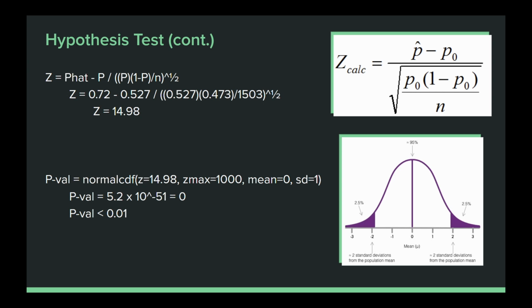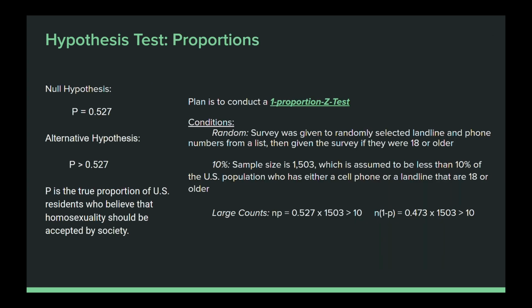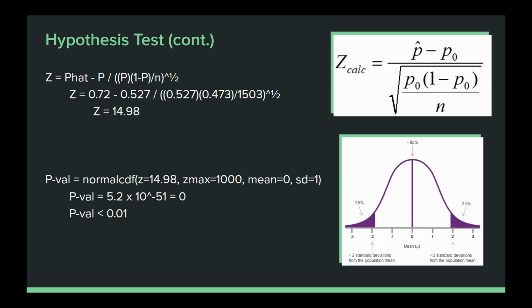Here's just the formula for the one proportion z-test, and the z-value ended up being 14.98, which kind of makes sense, as 72% is much higher than 52.7%.